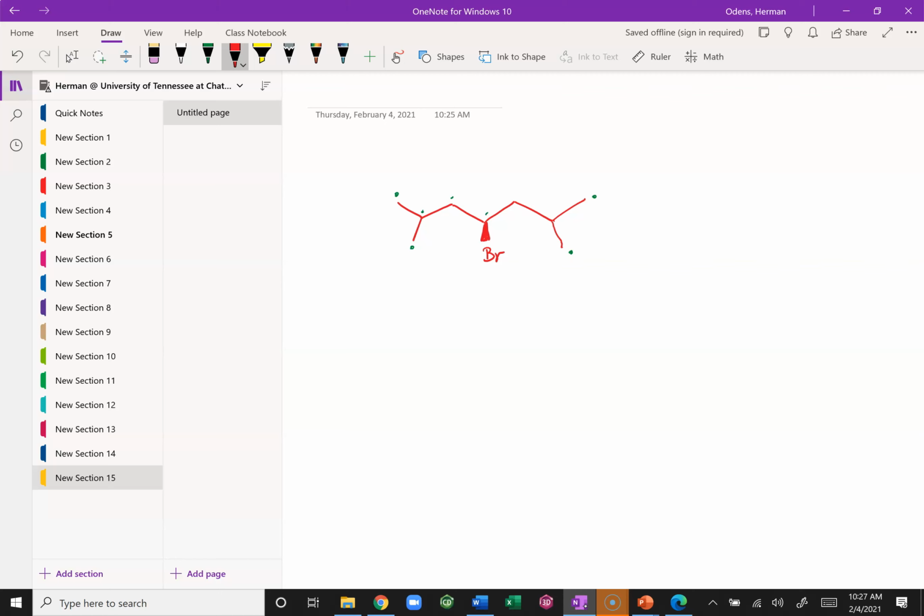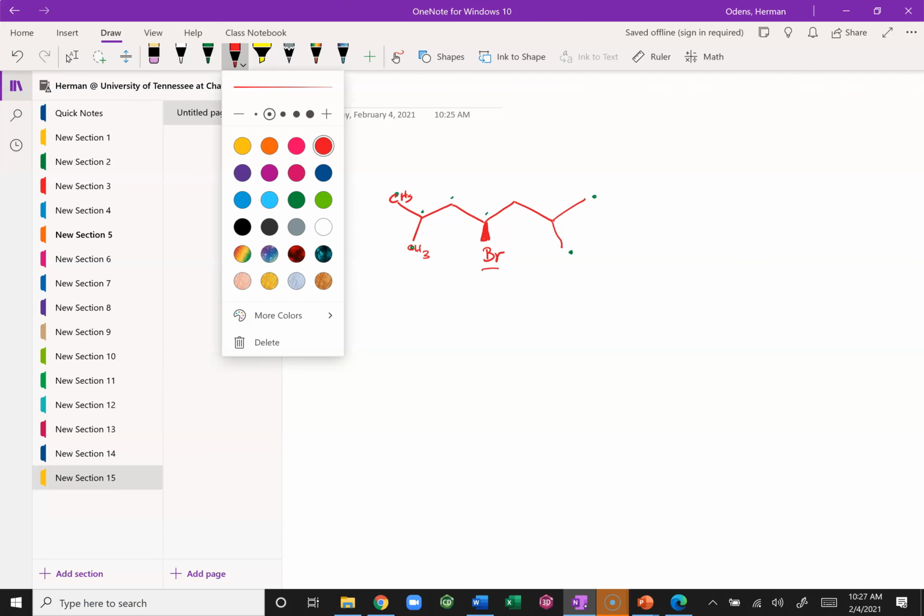You're still going to have 2 different environments for those methyl groups. Check this out. The environment from this methyl right here, with respect to this bromine, is kind of like cis. It's on the same side. And the environment for this CH3 right here, with respect to the bromine, is like if it was trans, across. You see that? That makes it unique. So in total, you have 5 types of carbons instead of 4.